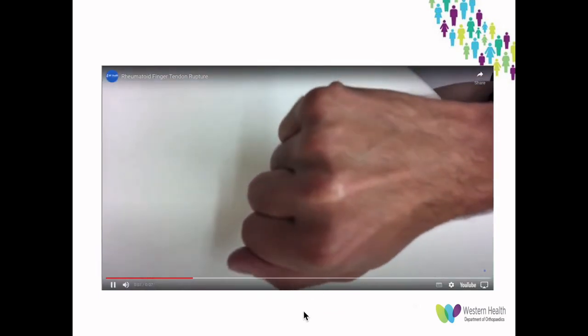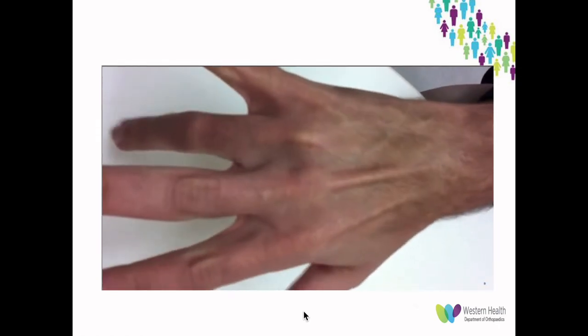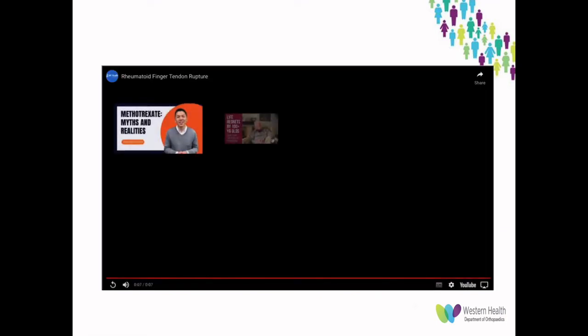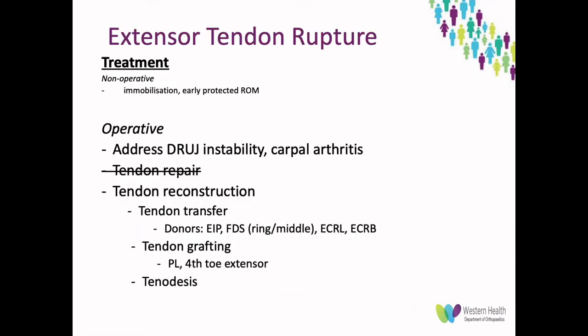And here you can see, just for those who haven't maybe seen it, some of the extensor tendon rupture of the ring finger, quite obviously seen here with the patient extending. So treatment is really operative. Non-operative is rarely warranted.